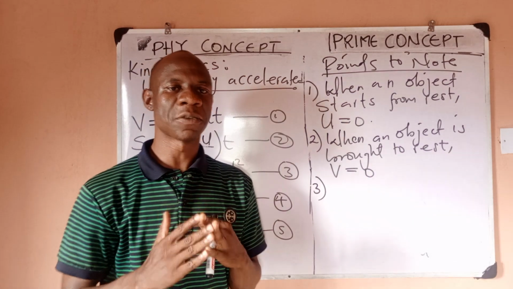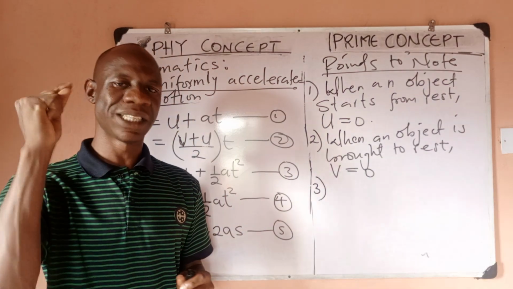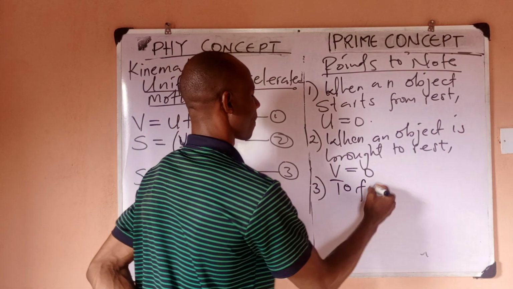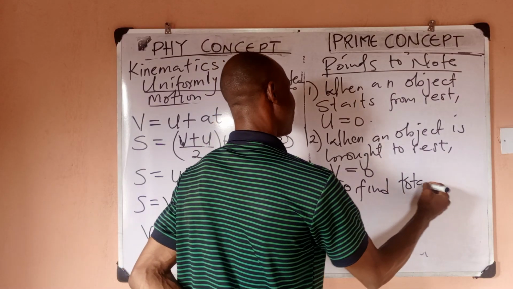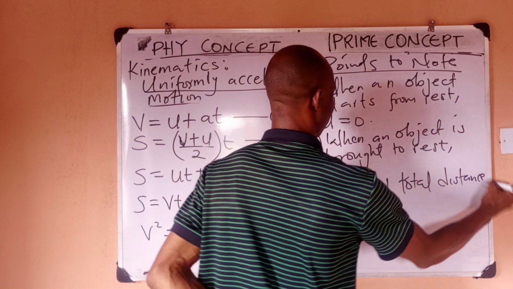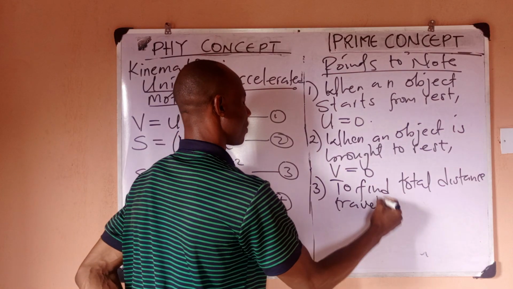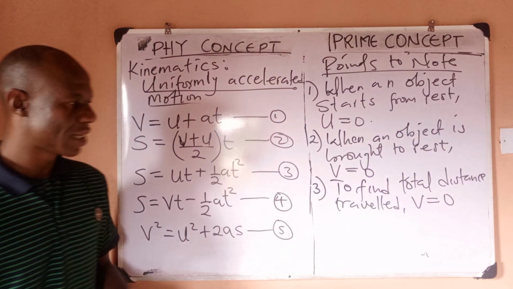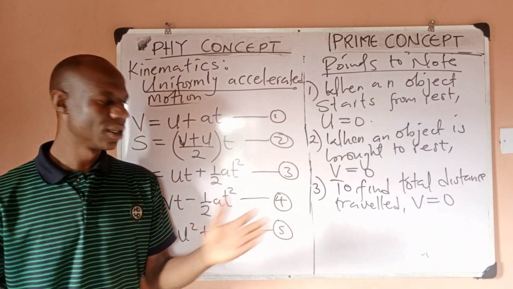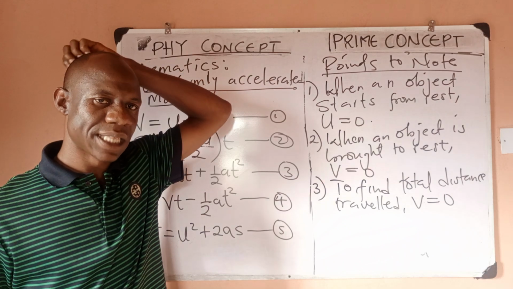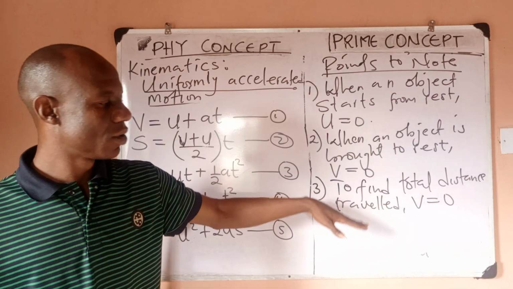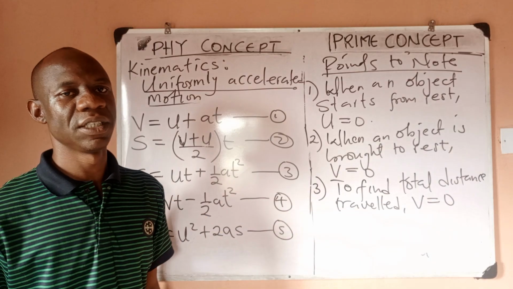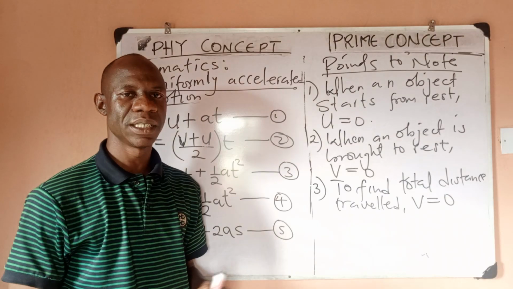So again, to find total distance traveled, v should be set to be what? Zero. So you can say that number 2 and 3 are similar. You want to find the total distance for a journey, then you have to set v to be what? Zero. Or the total time of a journey, then you have to set v to be what? Zero. So this is very important.